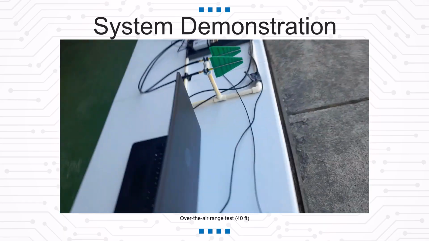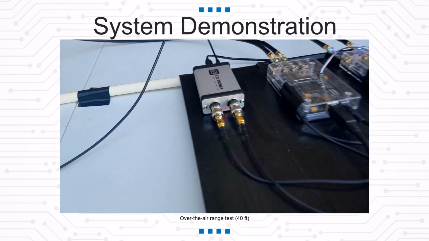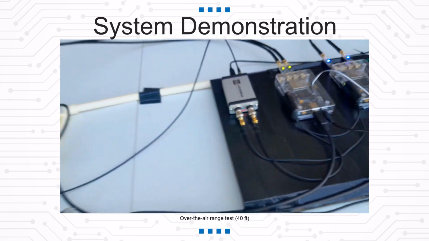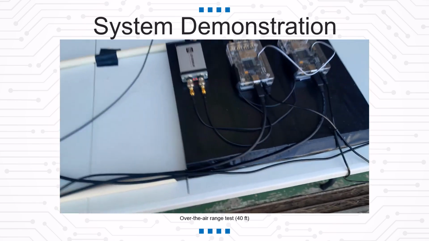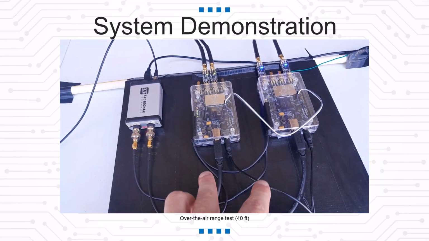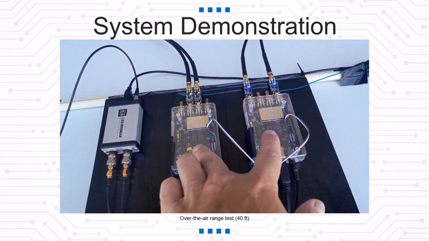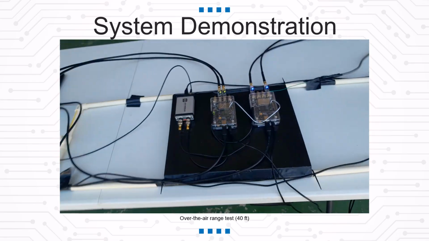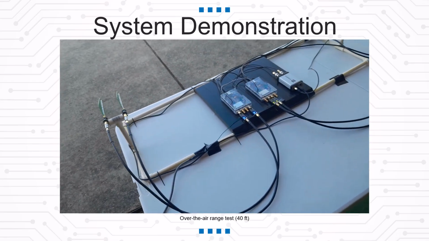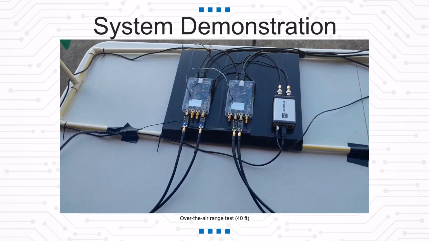You can tell that it is locked because there are 2 red lights that are solid, and you can see that it is sending a signal to both software-defined radios to help with them being frequency aligned.